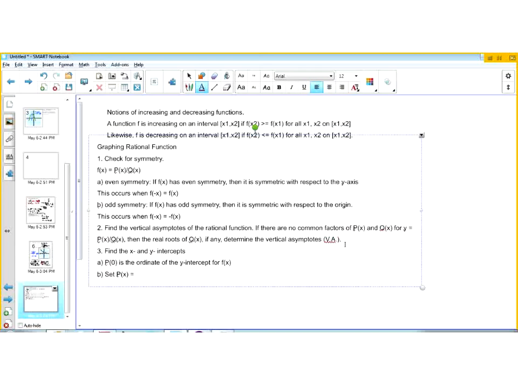So set P of x equal to 0 and solve to find the x-intercepts, assuming that once you solve it, it is in the domain of the function. So make sure that your values of x are in the domain of f of x. Okay. Step 4, find the horizontal asymptotes.